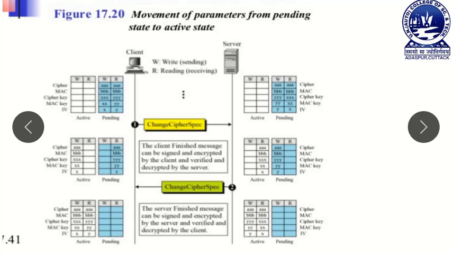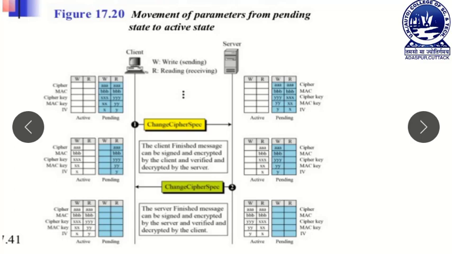After the receiver receives this message, it moves the read inbound parameter from the pending state to the active state. When the message is received by the server, the read inbound parameters in the pending state are moved to the read inbound parameter of the active state.